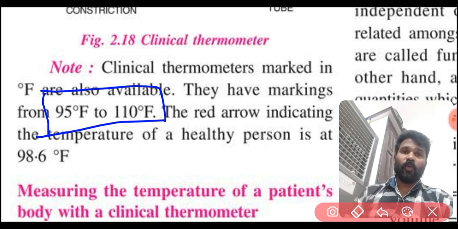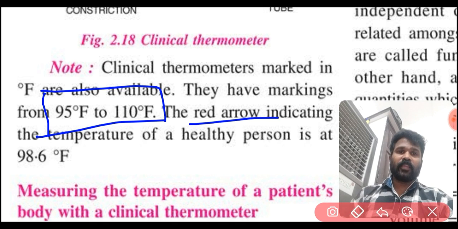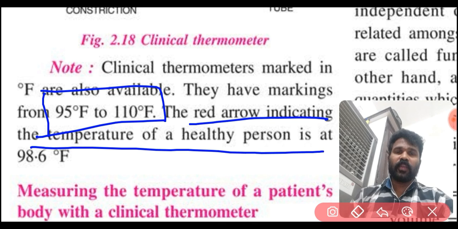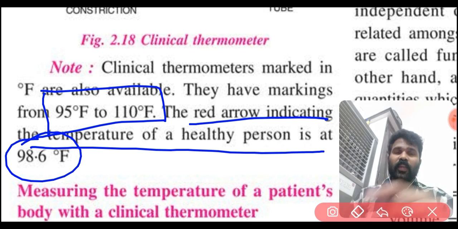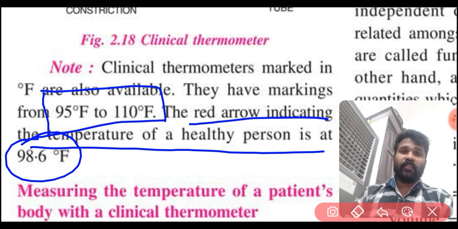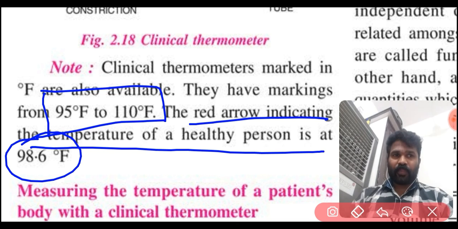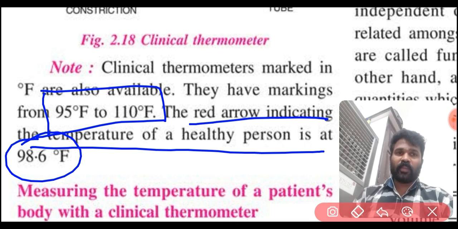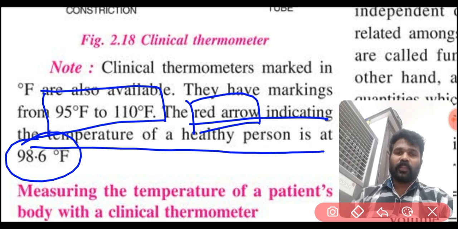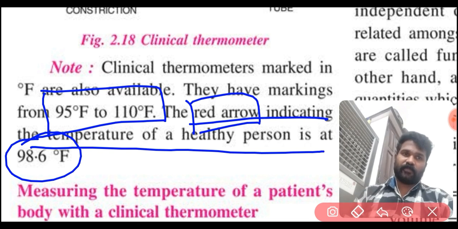The red arrow indicating the temperature of a healthy person in that type of clinical thermometer is at 98.6 degrees Fahrenheit.